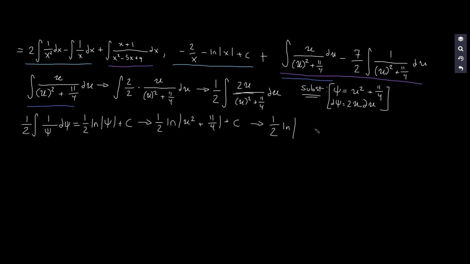So we're going to have x minus 5 halves, but remember, we squared it, plus 11 over 4, plus c. All right.